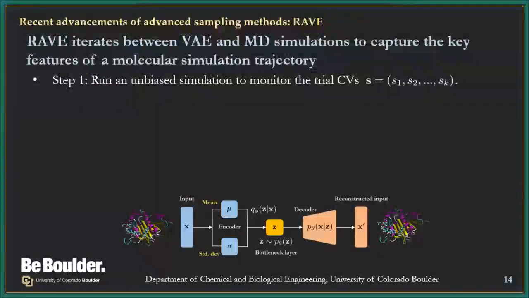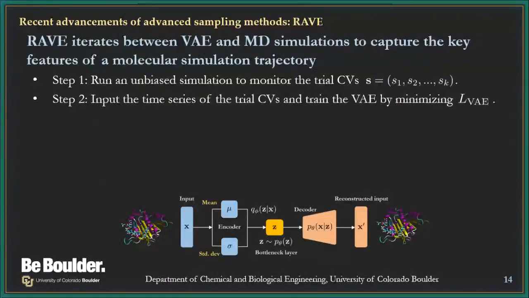Say that we consider k different CVs, then the input data set will be k-dimensional. Through the probabilistic encoder, these input time series are encoded into two vectors, which we use to construct the probability distribution in the latent space, p sub theta of z.